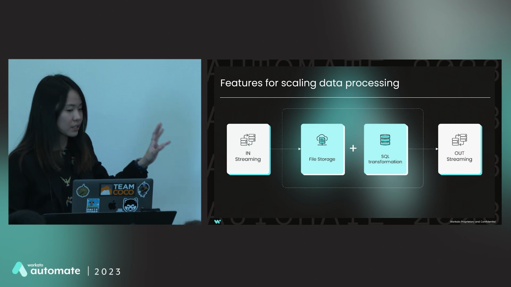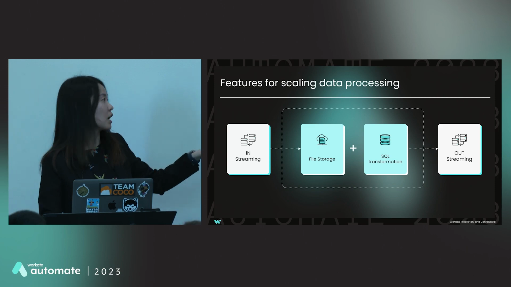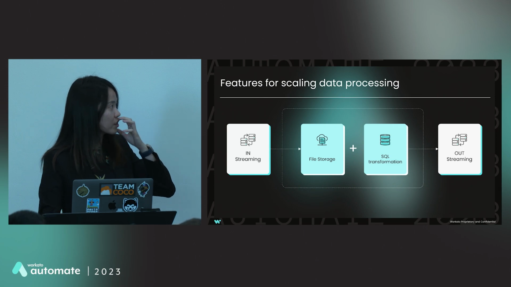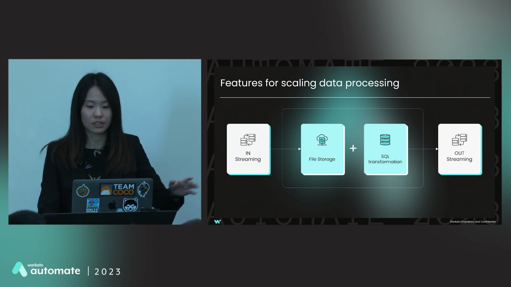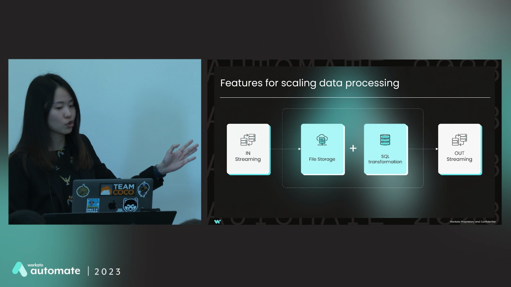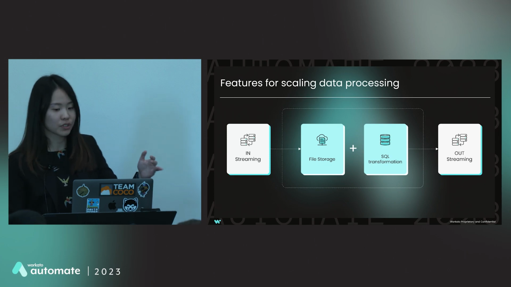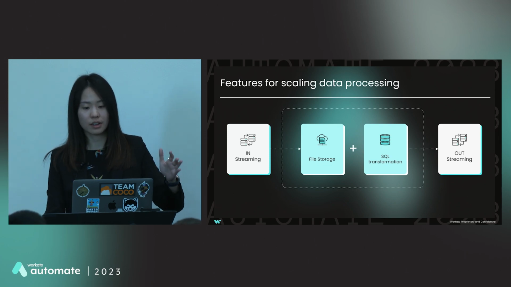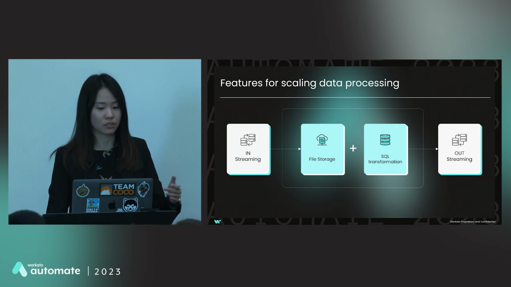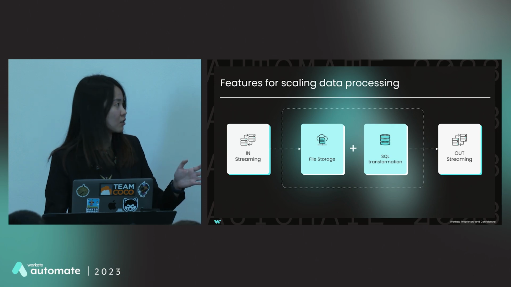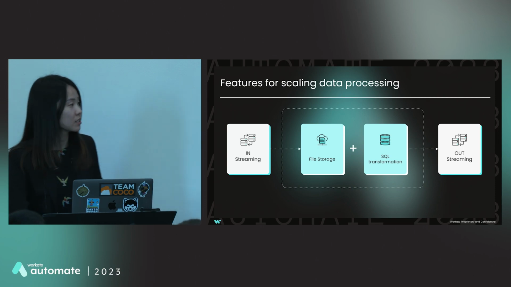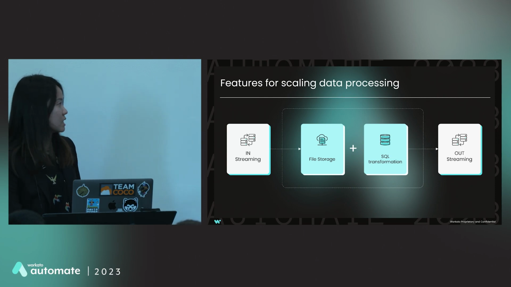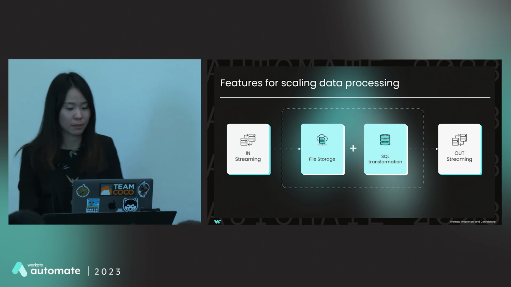Basically, stream your data into Ocado, store that in file storage, use SQL transformation to cleanse it, and then stream it back out, right? So you can persist the file and actually append to it, or it could also be a transient file for ETL pipeline orchestration. This technique allows you to process large data sets much faster and also makes it easy to build and maintain ETL pipelines.